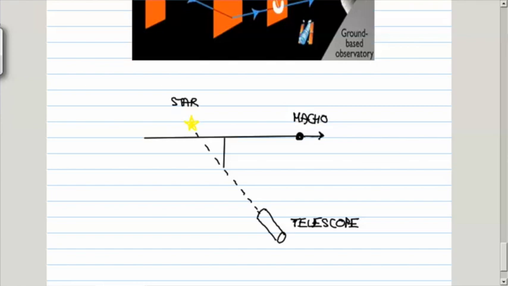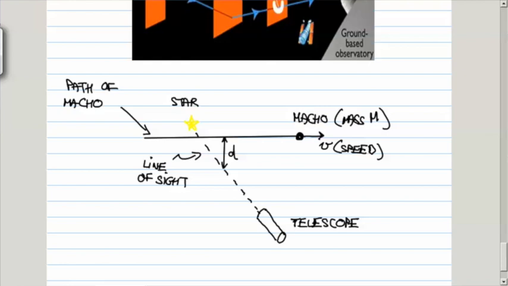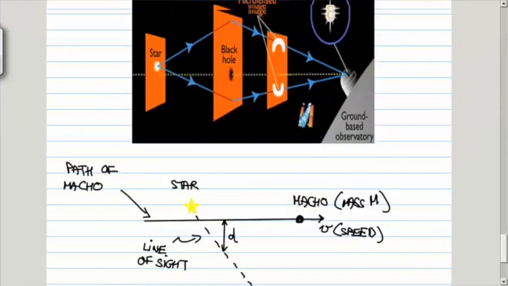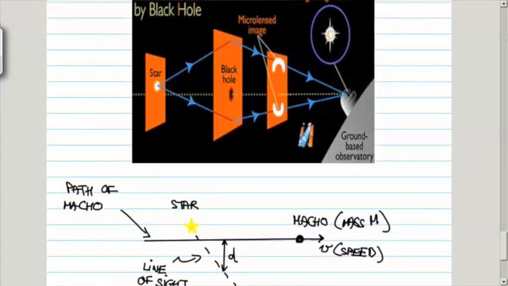It's moving with some speed v, and it has, say, some mass m, and it passes above the line of sight at some distance d. So when it's actually closest to this line of sight, we will receive most of the light from the star, right? These two images would get together and we will see a brightening of the star.